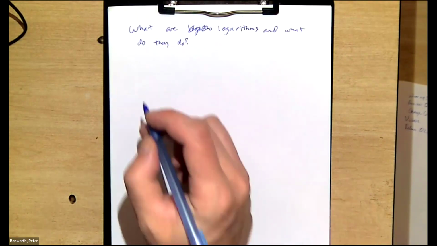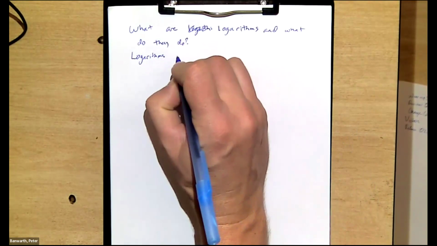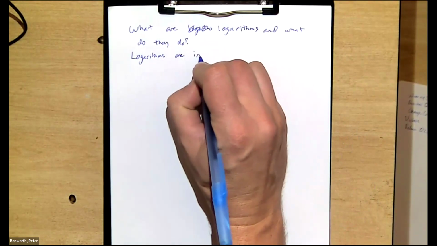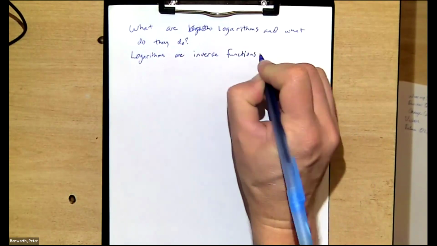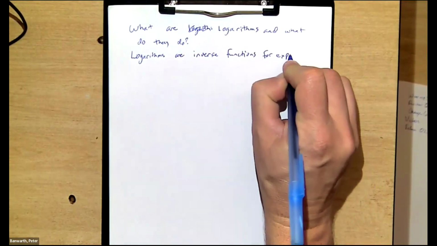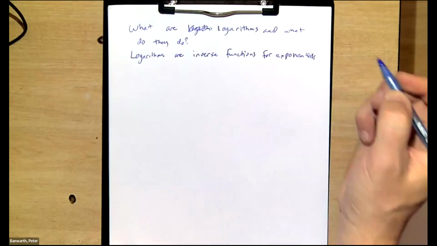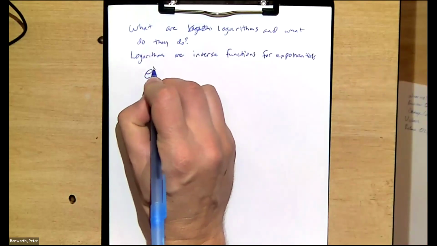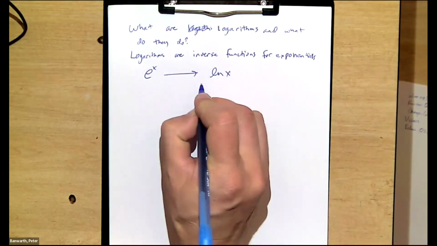All right, so logarithms are inverse functions for exponentials. If an exponential function goes this way, a logarithm goes that way.